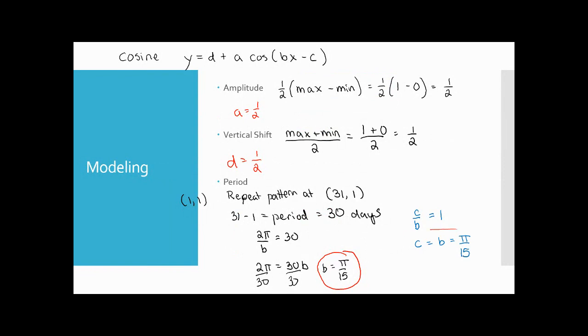That is not always true. It's only true in this case because we started at an x value of 1. If you started at an x value of something else, then it would come out differently. And if you started with an x value of 2, then you'd have to solve. So now we have figured out A, B, C, and D, and we have everything we need to actually write the model.